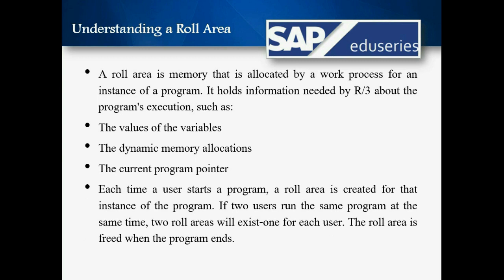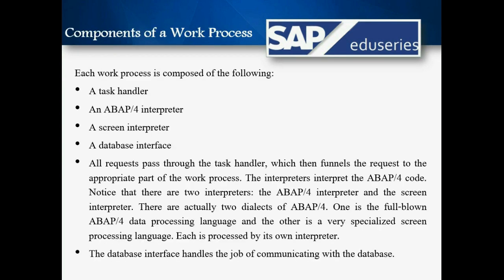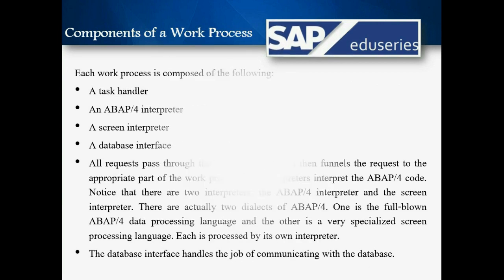Each time a user starts a program, a role area is created for that instance of the program. If two users run the same program at the same time, two role areas will exist, one for each user. The role area is freed when the program ends. The database interface handles the job of communicating with the database.